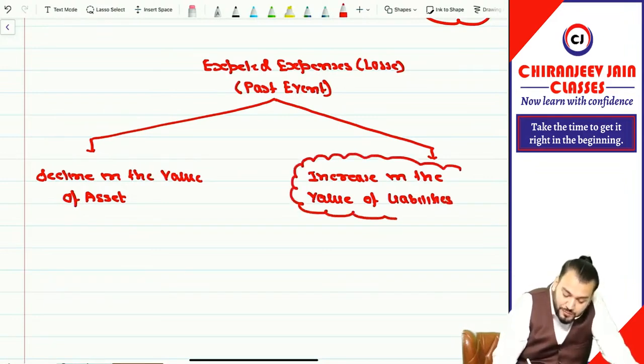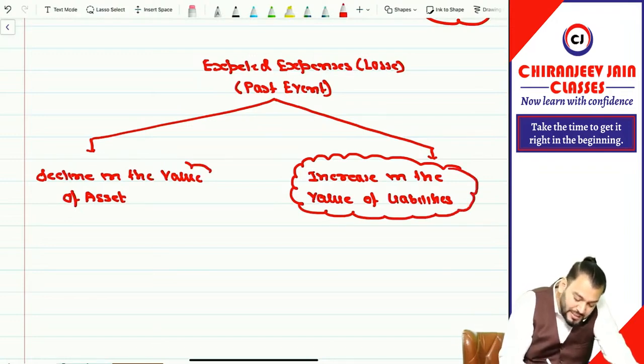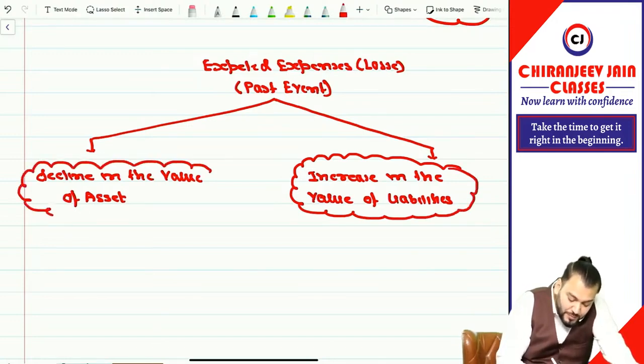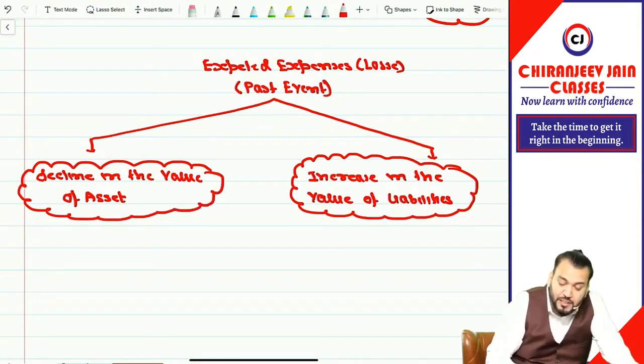Am I right or not? Either it will be due to a decrease in the value of assets, or an increase in the value of liabilities.